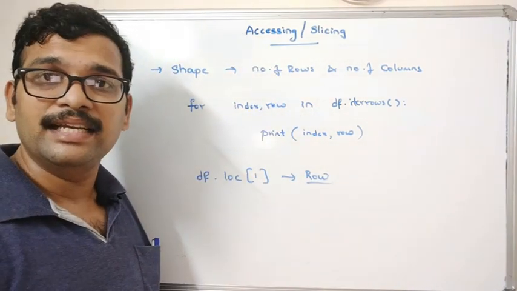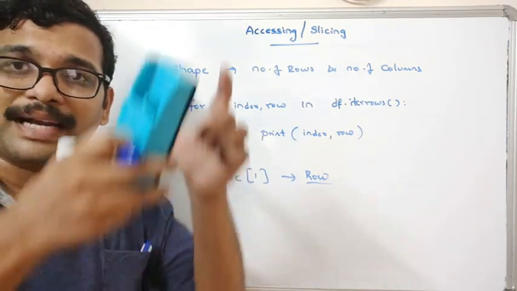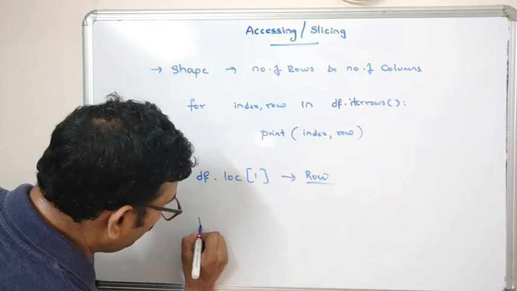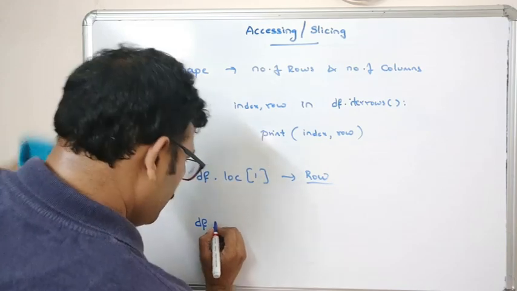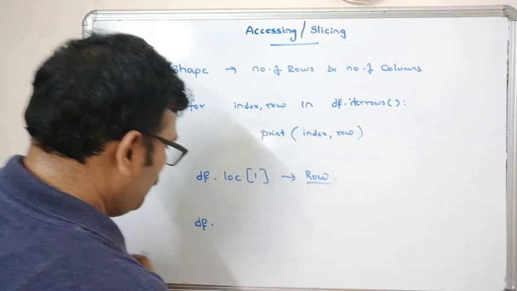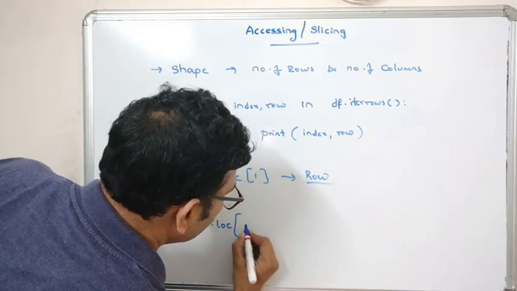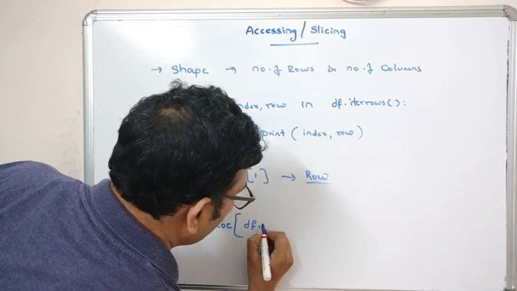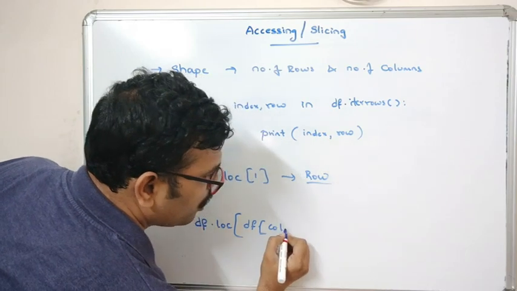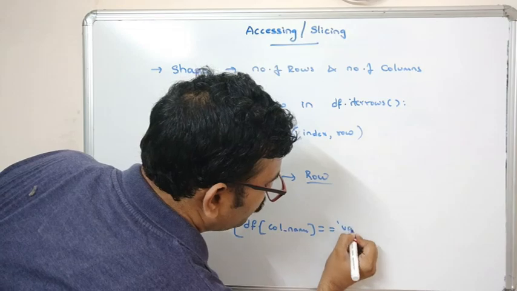Or if you want to get the rows of a particular value, condition based retrieval, then you can go with df.loc. Again, column name is equal to, give the value here.